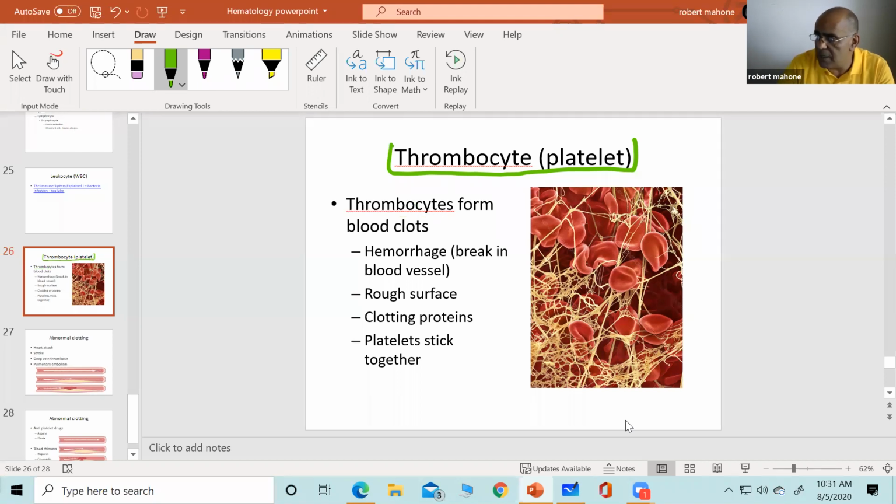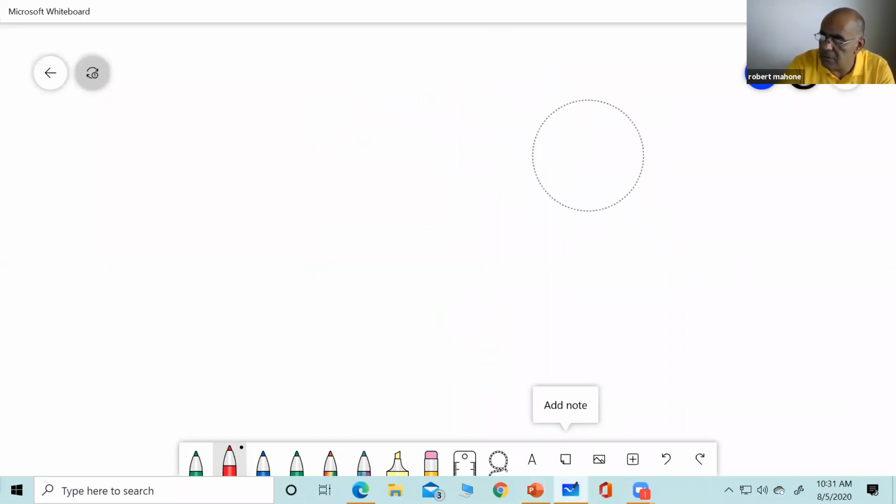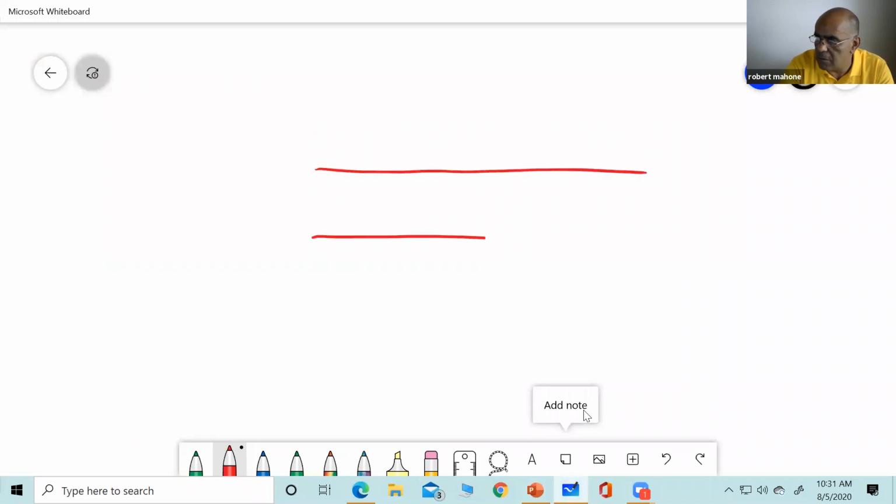Now, how do they do that? All right. Let's look at a blood vessel, with blood flowing through there, carrying all of these cells for us. And then somebody cuts you.